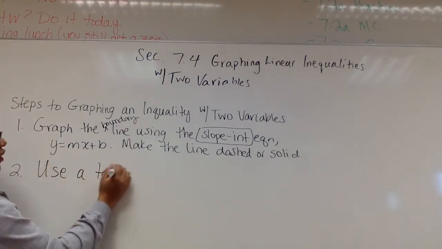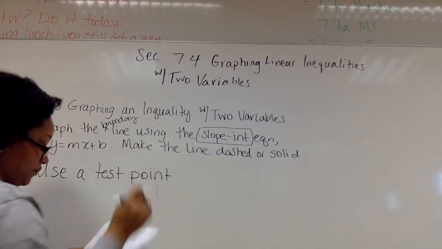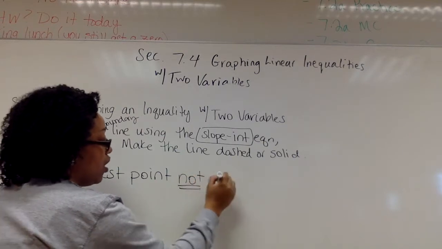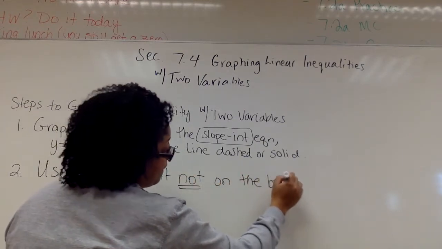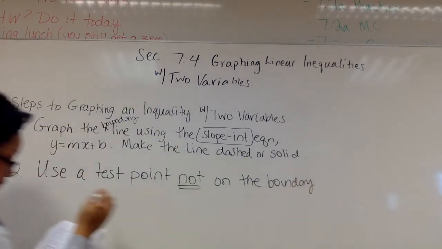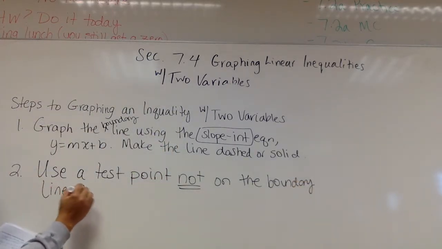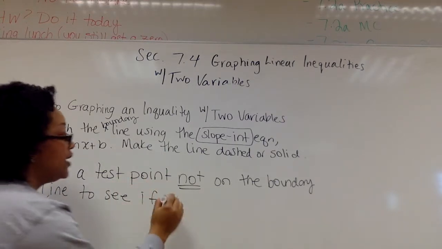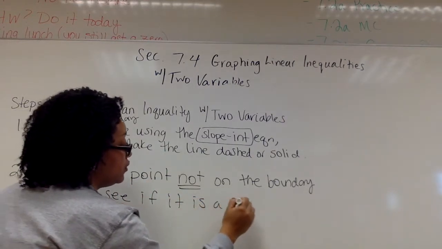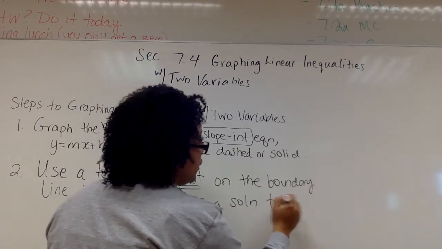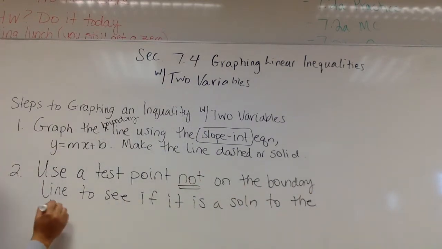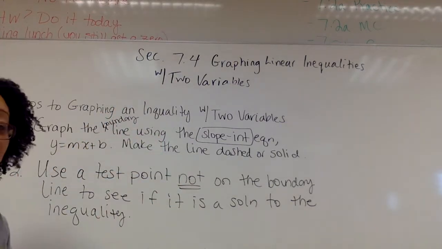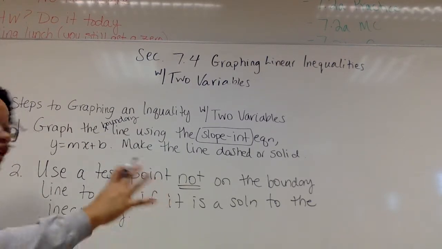So step 2 says use a test point that is not on the boundary line to see if it is a solution to the inequality.